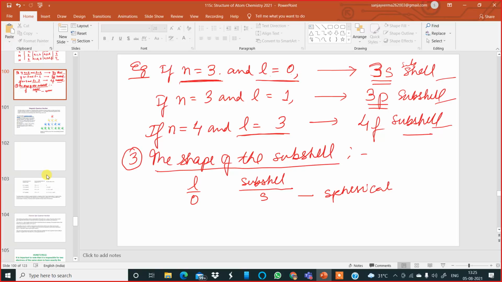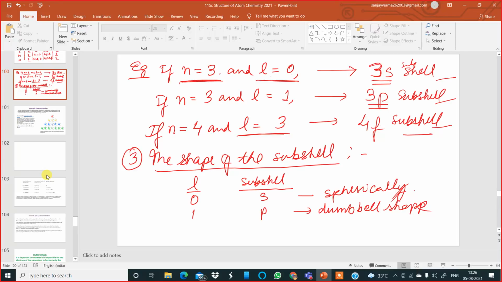I'll come to the diagrams after some time. If you come to l with value 1, then it is the p subshell. P subshells are dumbbell shaped. You know dumbbells when you go to the gym? We have dumbbells over there. Yes, dumbbell shape.